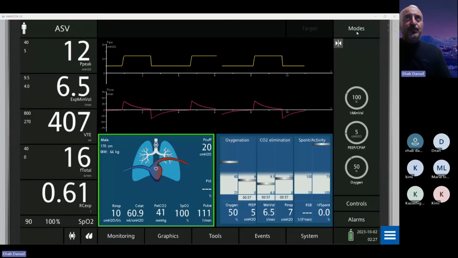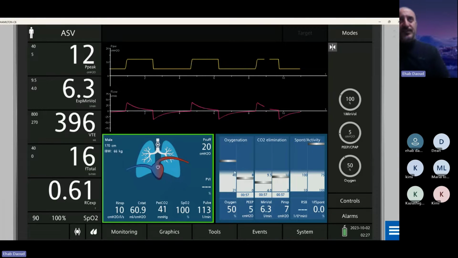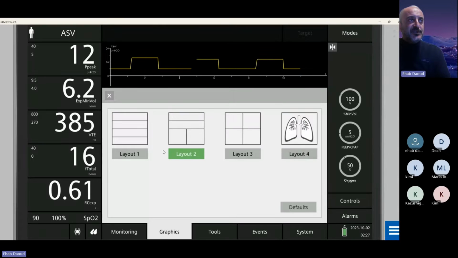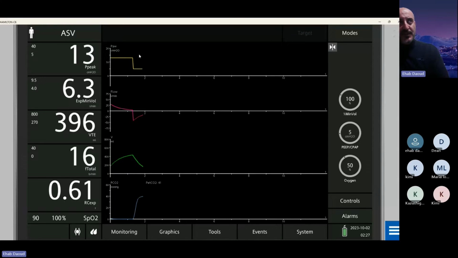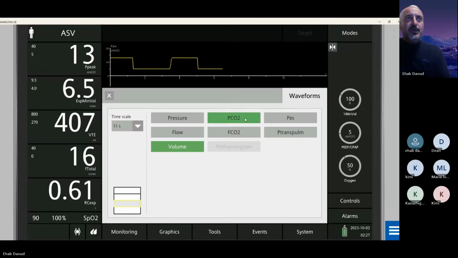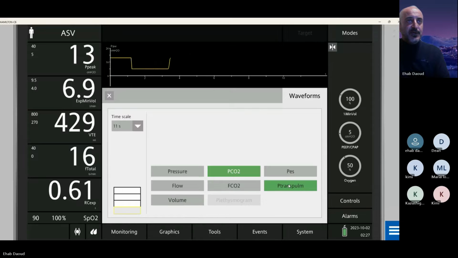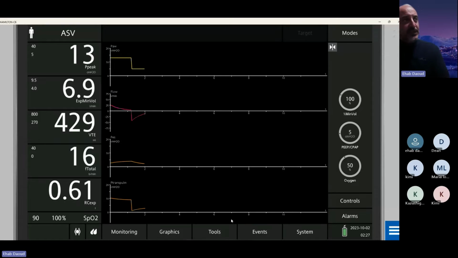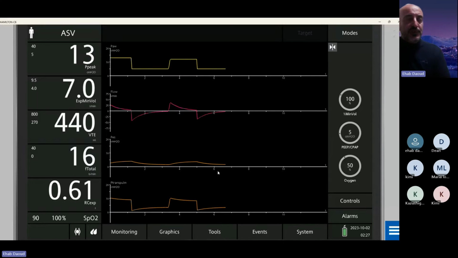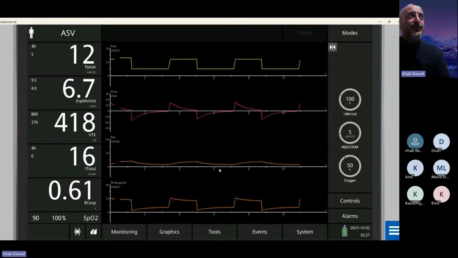What you can do with it here is some pauses. We'll change this layout. Again, the same thing: airway pressure and flow, but instead of volume, I will put esophageal pressure and transpulmonary pressure. So since we're here, let's talk about esophageal balloon manometry a little bit and how we're going to use it.